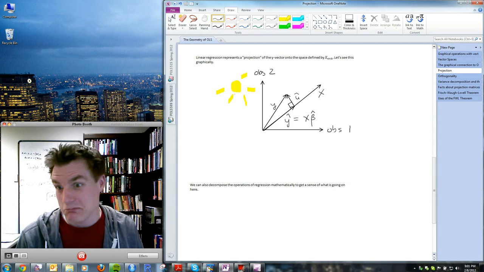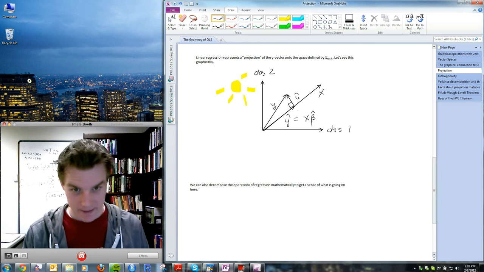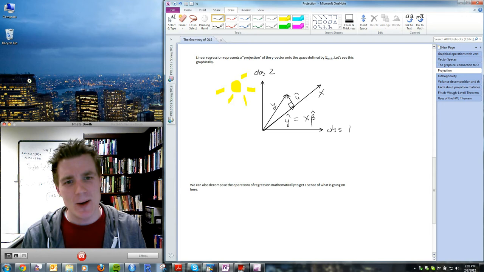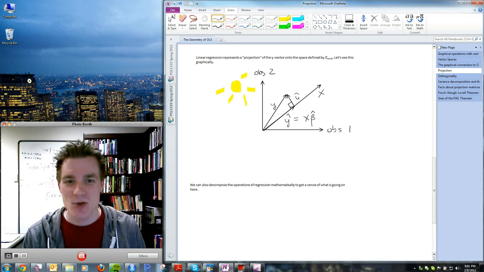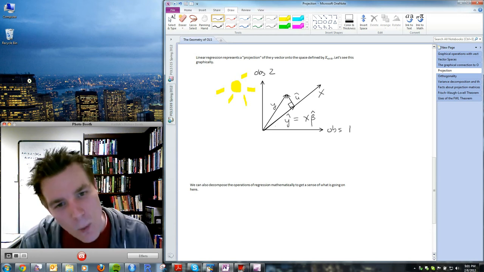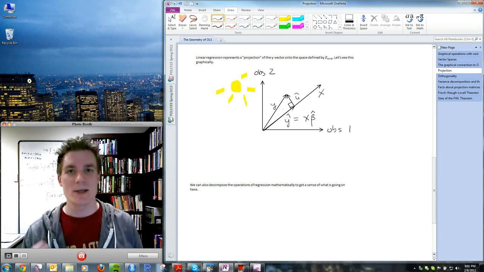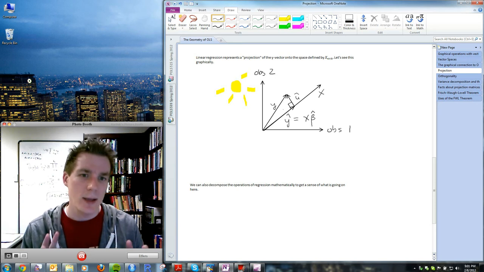That sun is projecting light down on y, and x is kind of like the ground in this scenario, and y is kind of like a pole shooting up out of the ground into the sky. Y hat is like the shadow that the y pole casts onto the ground formed by x. That's why it's sometimes called a projection, because it's literally a projection of this imaginary light source onto x.